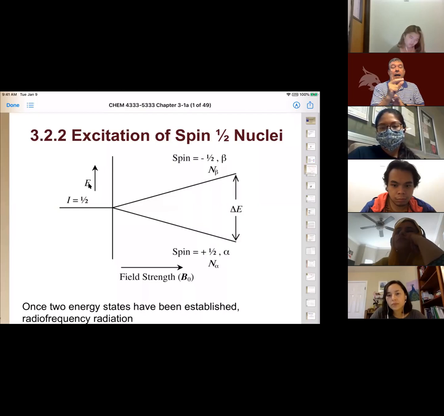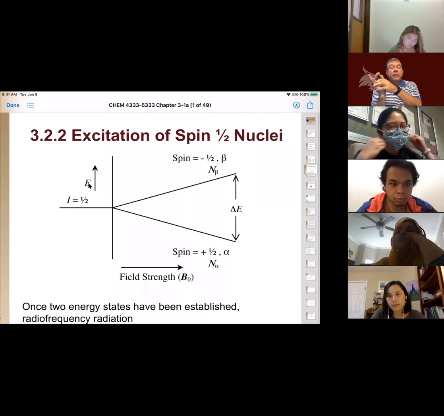Now if you apply an external magnetic field, such that the nucleus has to get out of that natural state, we now have a possibility of spin with the magnetic field or against the magnetic field. As that magnetic field gets stronger and stronger, the difference in energy between with and opposed gets bigger and bigger.